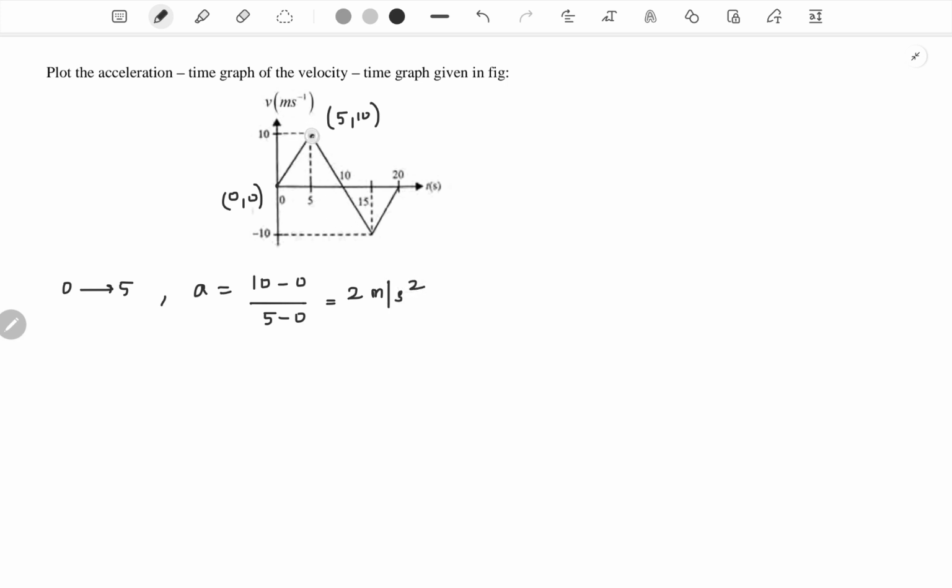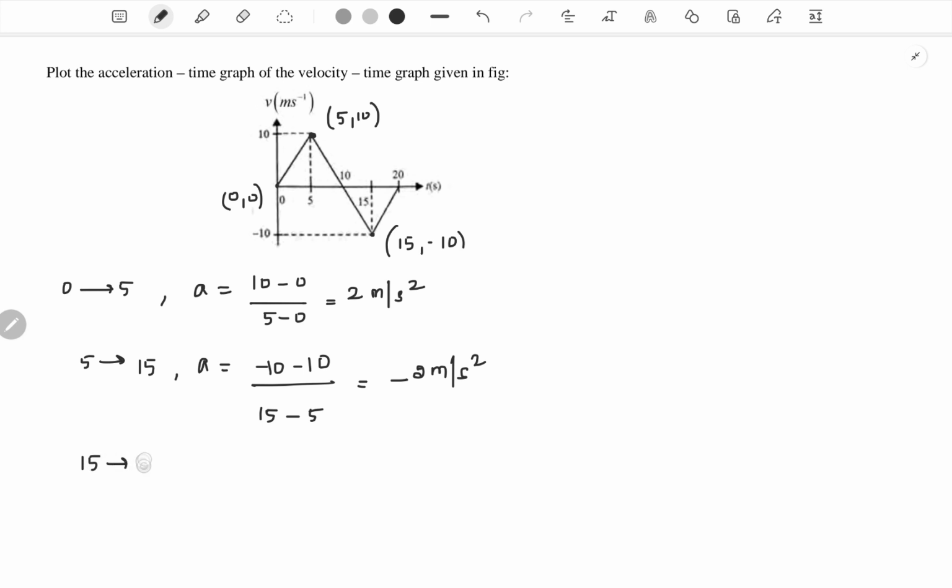Then this point has the coordinates of 15, minus 10, so from 5 to 15 seconds, the acceleration is going to be minus 10 minus 10, y2 minus y1 divided by x2 minus x1, which I think we would get as minus 2 meter per second square.